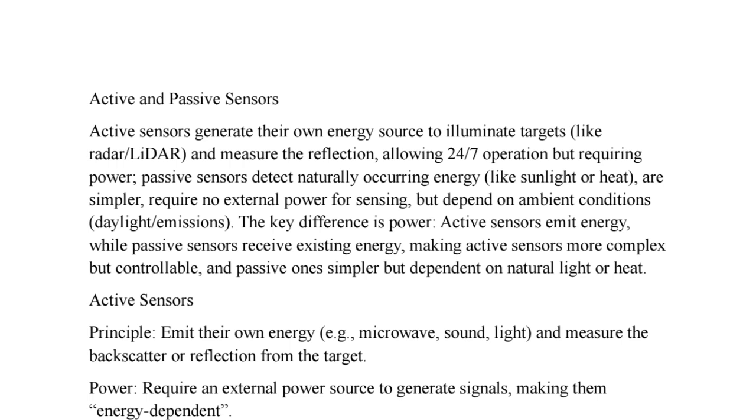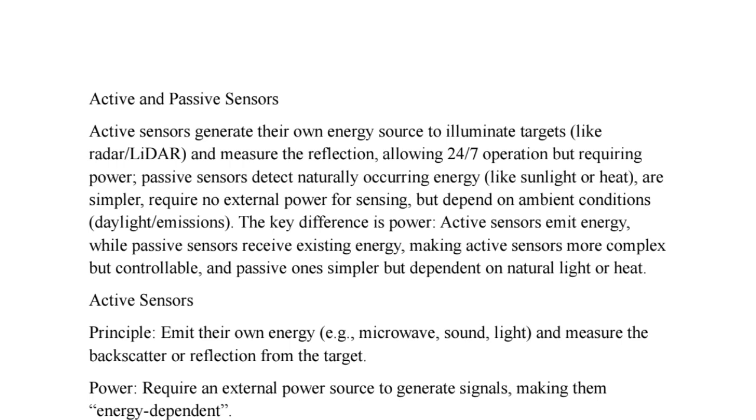For that we can take the example of solar systems. In the solar system, it gets the energy from the sun and stores it in some devices. So there is no external power for sensing. It is naturally available energy. This is the main difference between active and passive sensors.